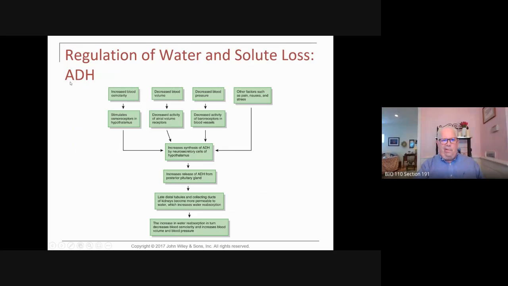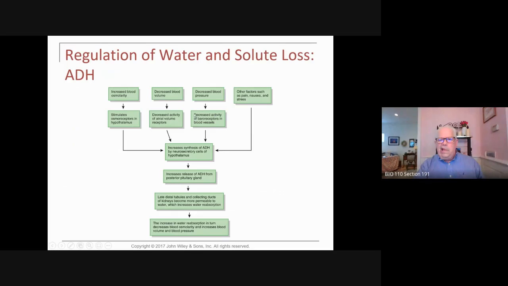We're talking about ADH. Okay? So this is very, very important. When you have increased blood osmolarity, which is also known as decreased blood volume, which decreases your blood pressure, it stimulates the osmoreceptors in the hypothalamus.